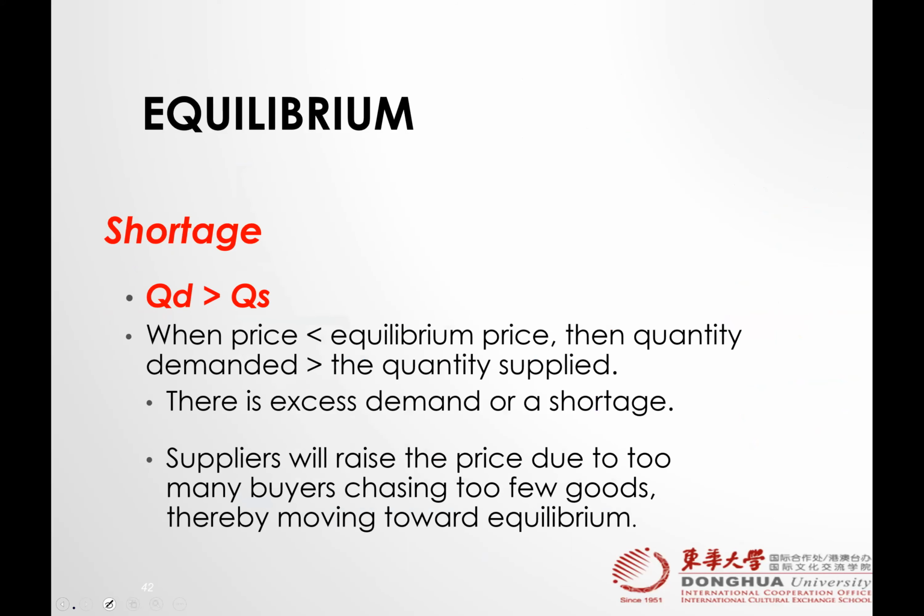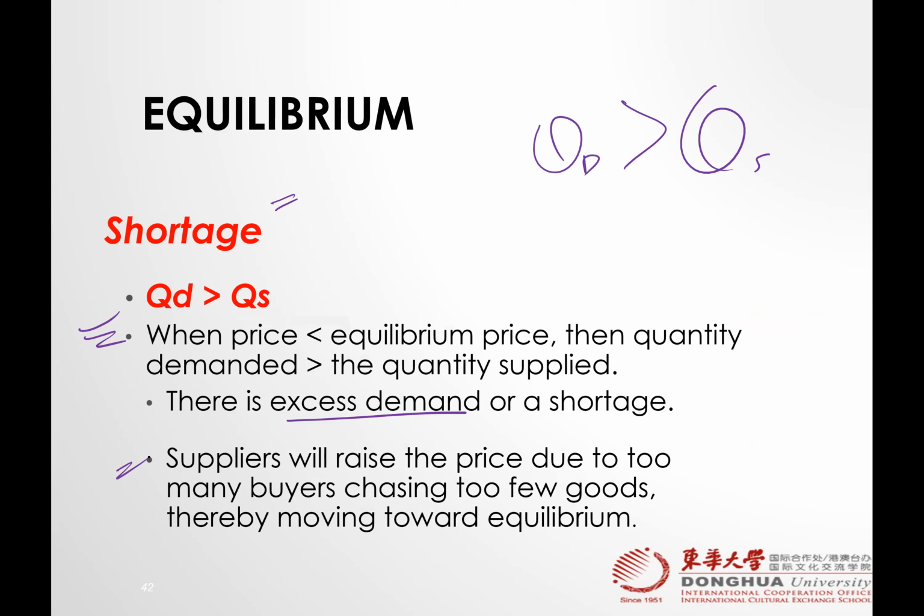So let's talk about the shortage, which is also called excess demand. Excess demand is when quantity demanded is greater than quantity supplied, right? So let's read that. When price is less than equilibrium price, then quantity demanded is greater than quantity supplied. We will also prove this one.